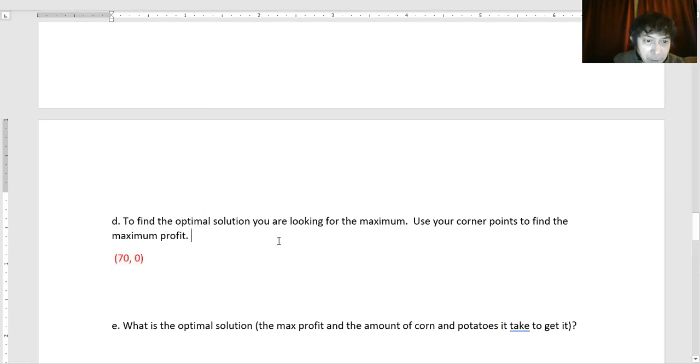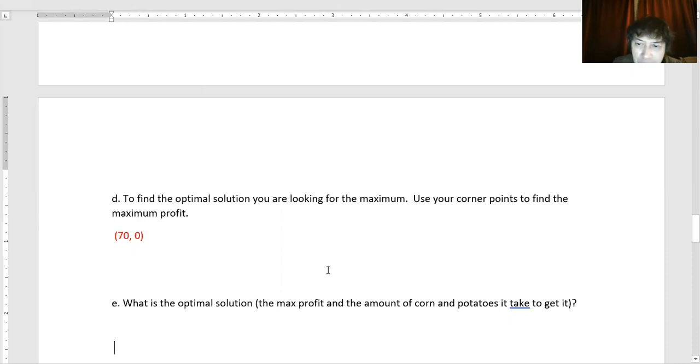Okay, that's it. All right, and so what is the optimal solution? That's 10,500, the maximum. Maximum P is equal to 10,500. And let's put the unit, of course. This will be in dollars.